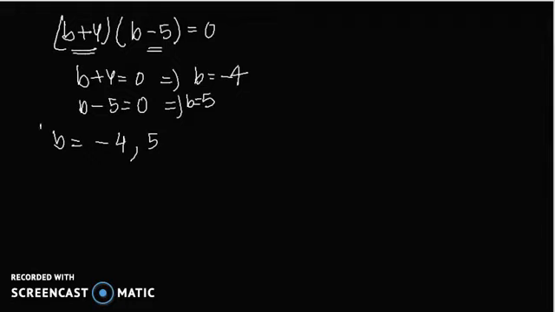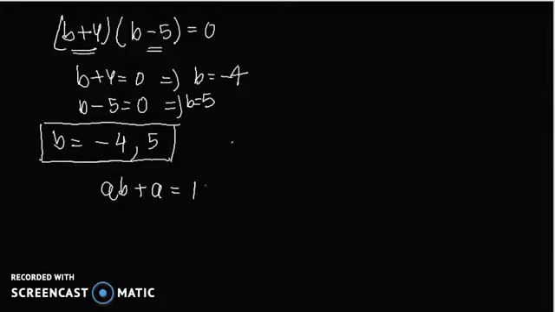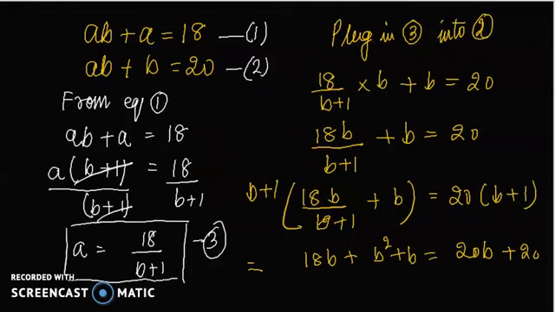Now we will plug in this value of b in any of the given equations in the question. So equation that we have been given is ab plus a equal to 18. As you can see, ab plus a is equal to 18 was the equation 1, and equation 2 was ab plus b equal to 20.